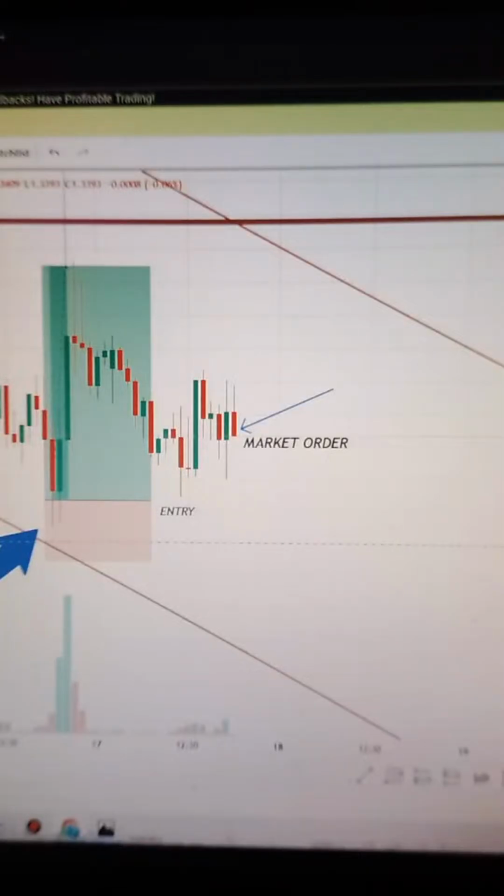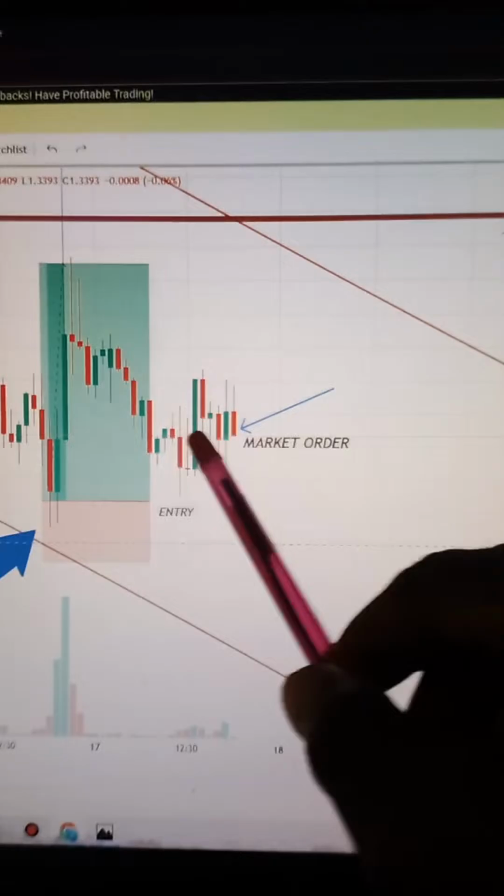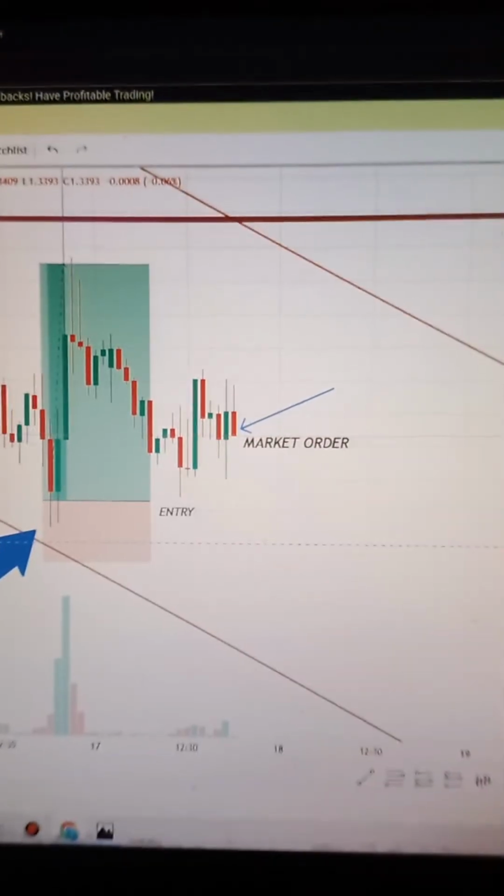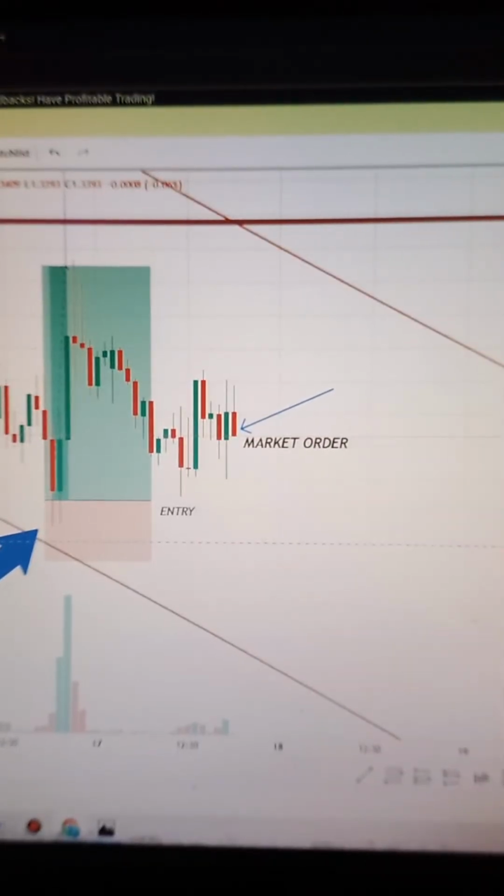So in other words, when you see the price moving as the candle is jumping up and down and you want to take an order, let's say you want to take a direct order, that order is called a market order. You can call it a market order, an instant order, or market execution.